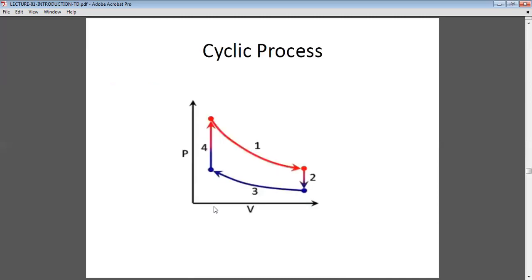So this is a thermodynamic cycle here. This is the starting point. It undergoes one process here, reaches the second state, undergoes another process, reaches the third state, undergoes another process, reaches the fourth state, and finally reaches the initial state again. This completely comprises one cycle, and we will call that a thermodynamic cycle.